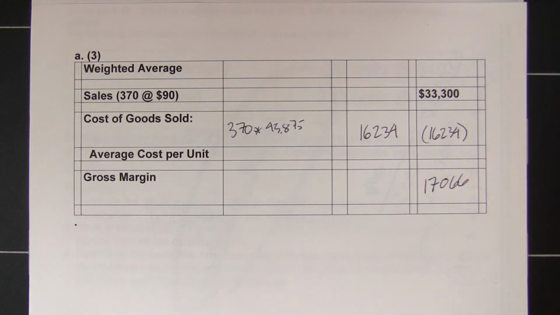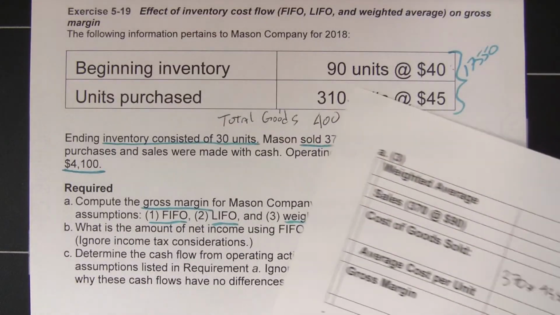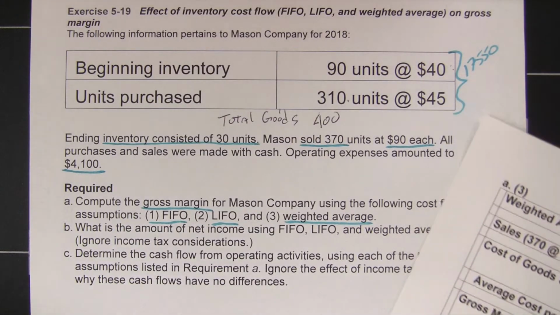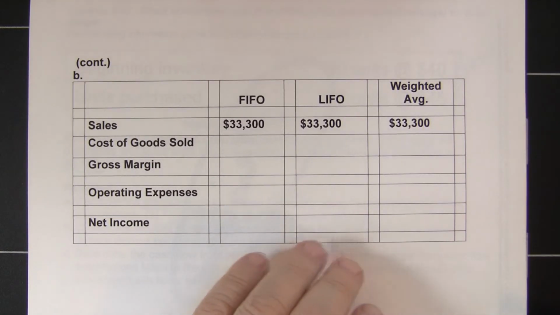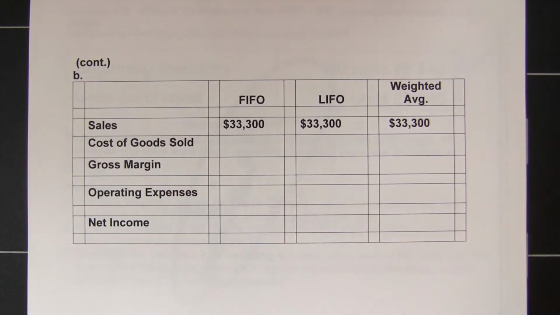Now it says compare these, learn something. So let's compare them and let's learn something. And this is the important part, because this is the part that you as a manager will be asked to consider.